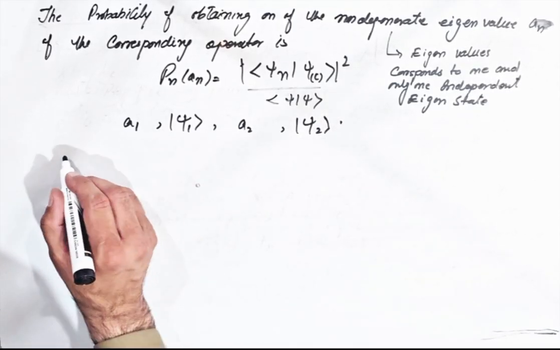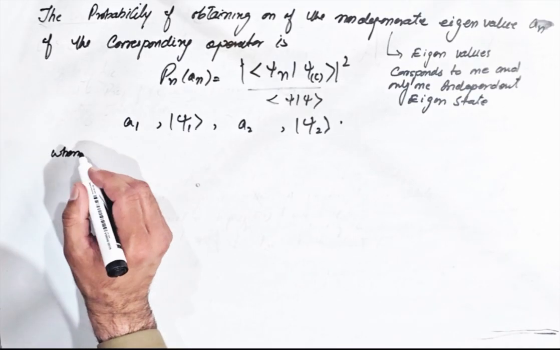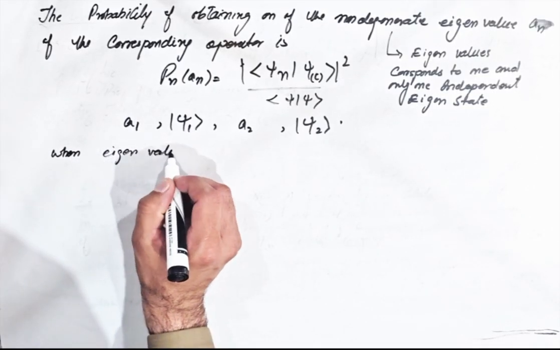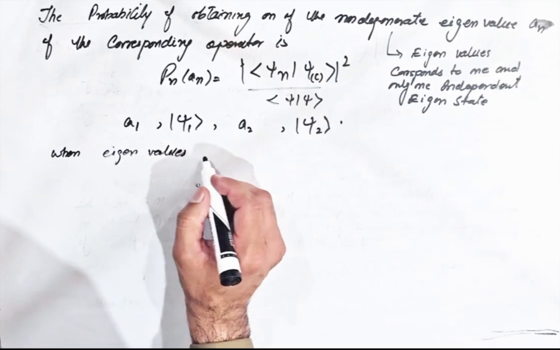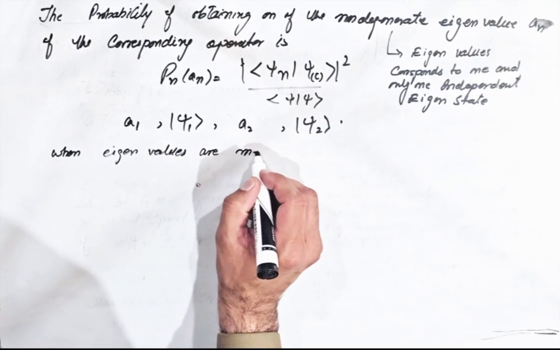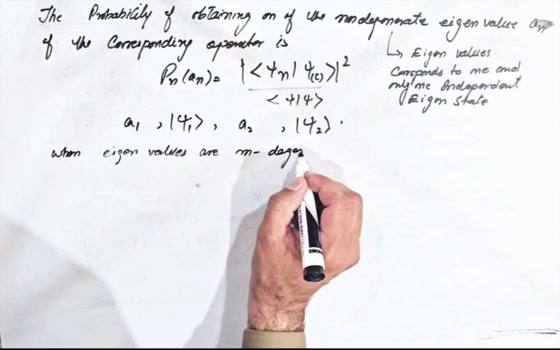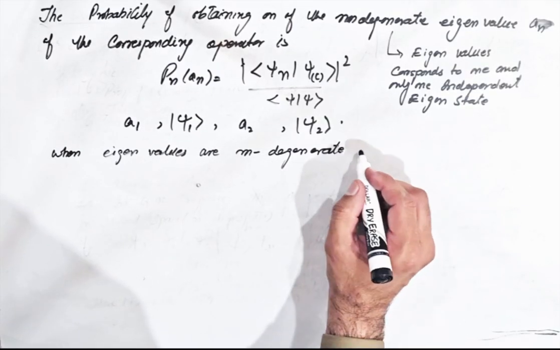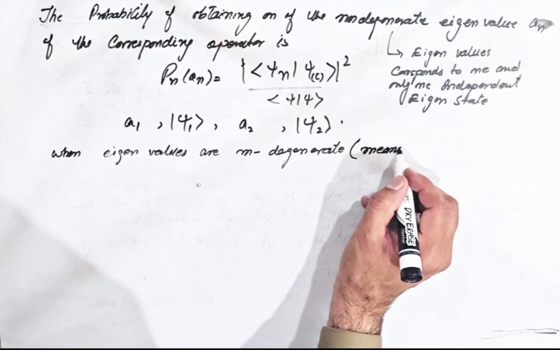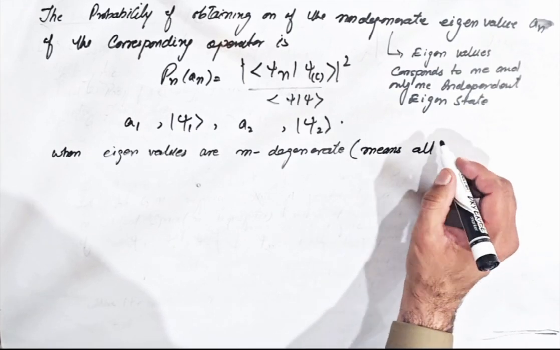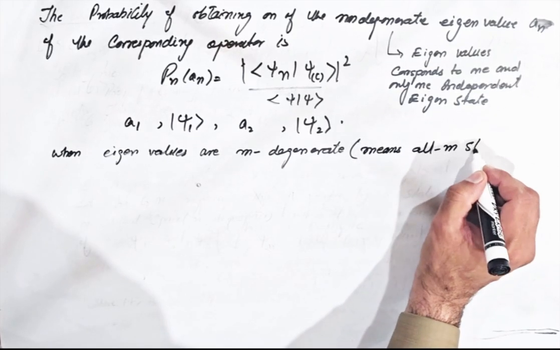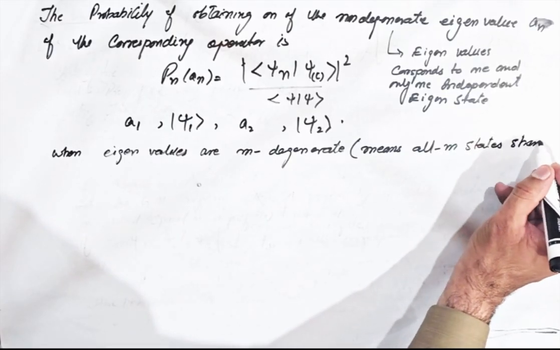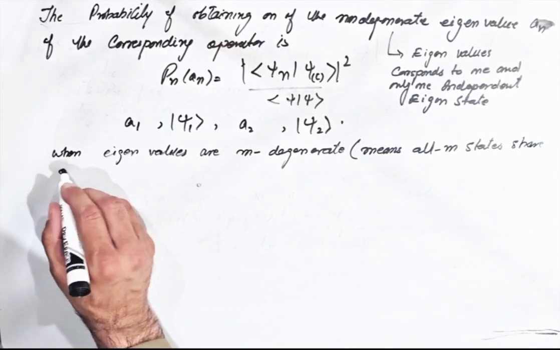When eigenvalues are M degenerate, this means all M states share the same eigenvalue.